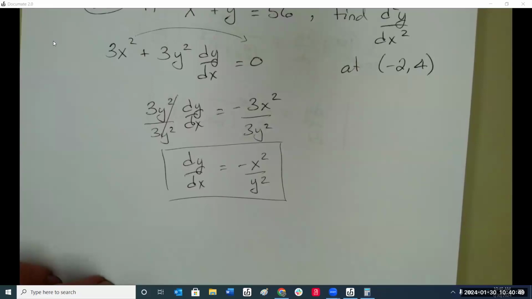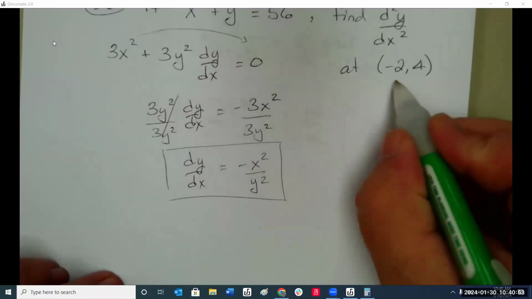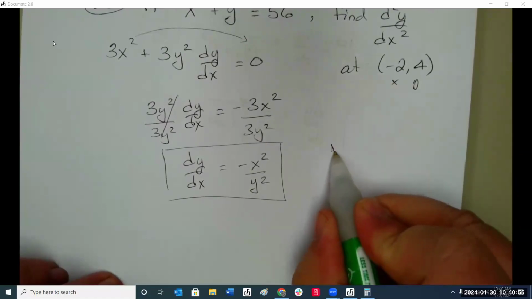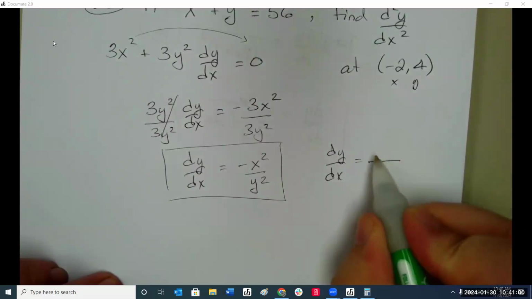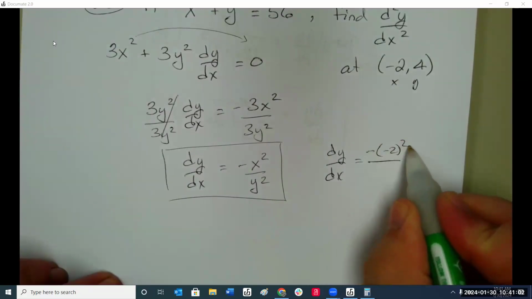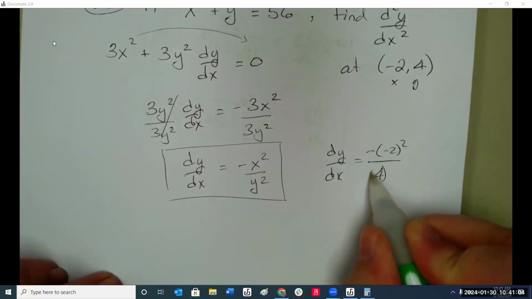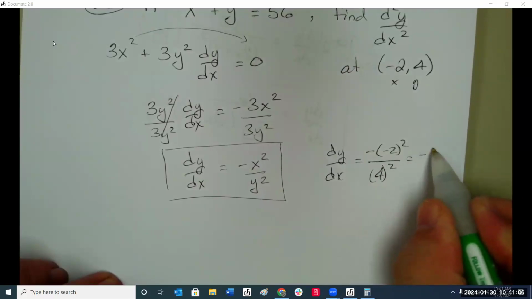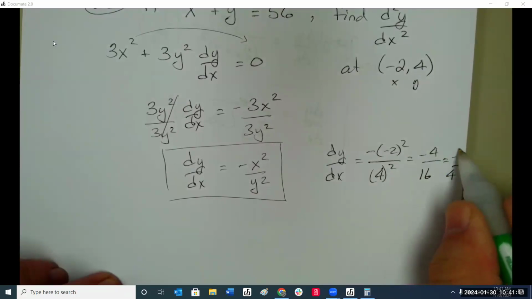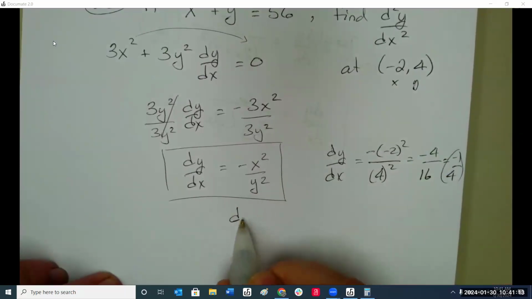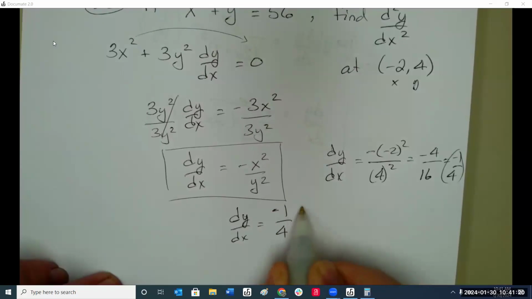But we can go a little bit further there too. Since we know what the x and y values are, we can determine that dy/dx is negative of negative 2 squared over 4 squared. Negative 4/16 is negative 1/4. So the value of dy/dx is negative 1/4.